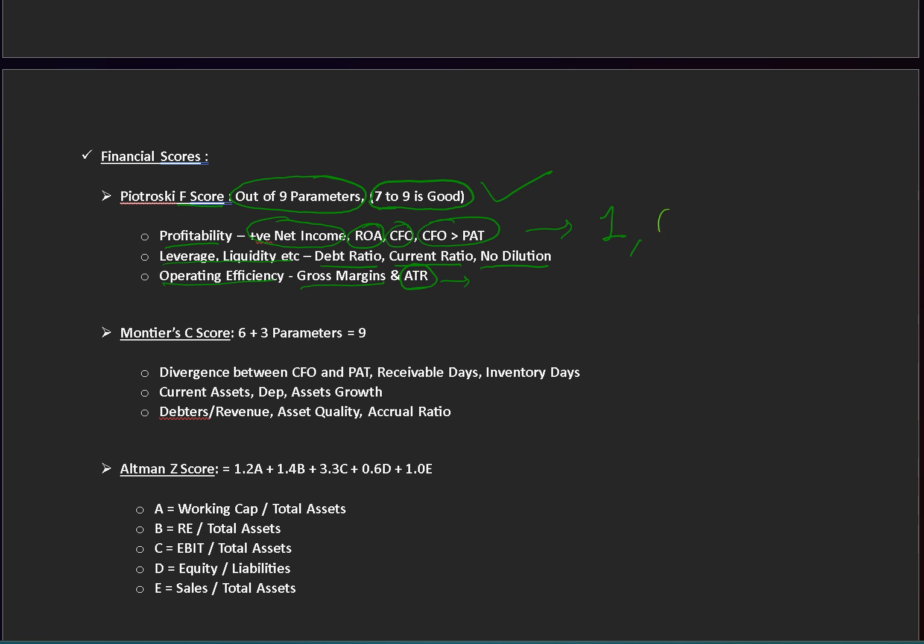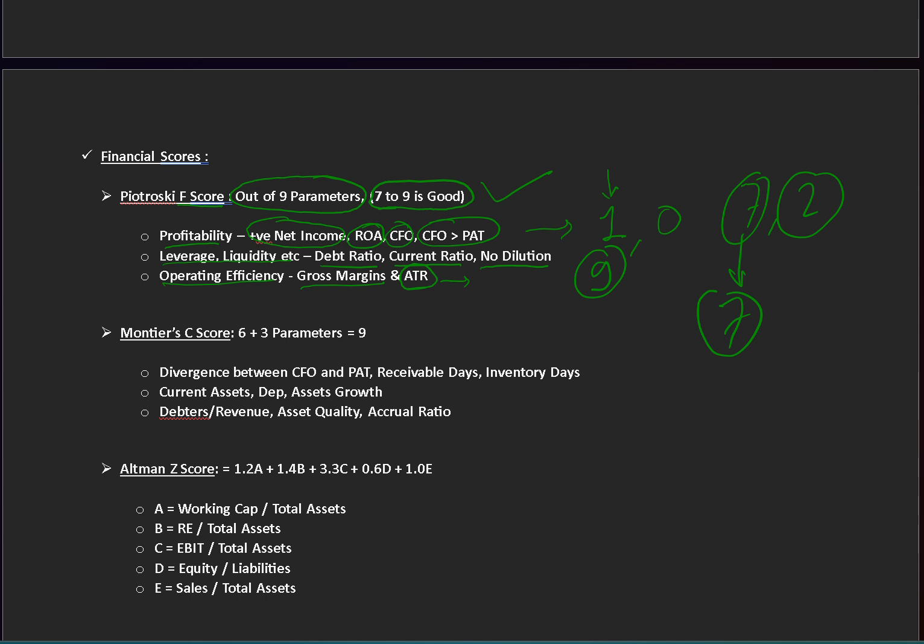Otherwise, it will give a score of 0. So if all parameters give a positive result of 1, the total score will be 9. If there are maybe 7 ones and 2 zeros, then the final score will be 7. So likewise, this Piotroski F score is measured.